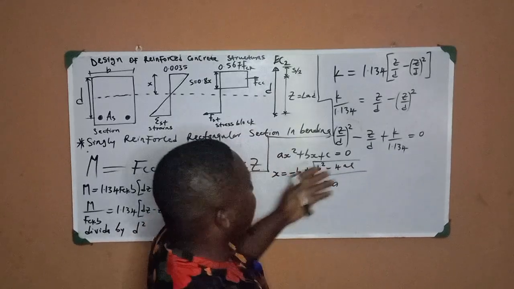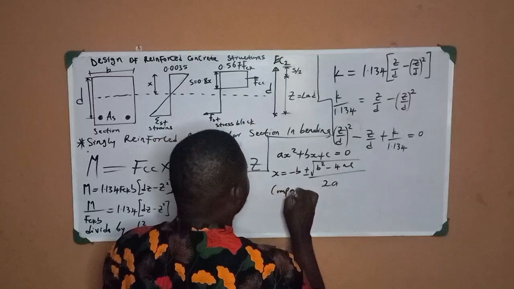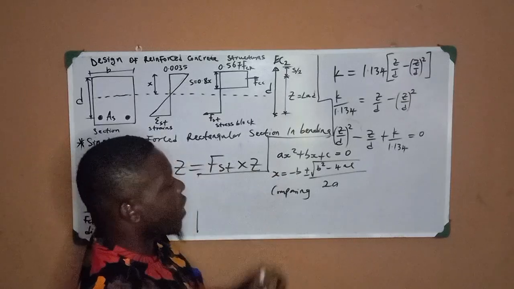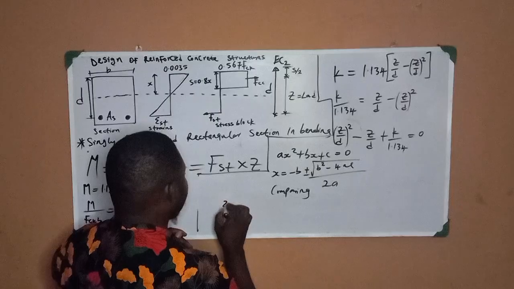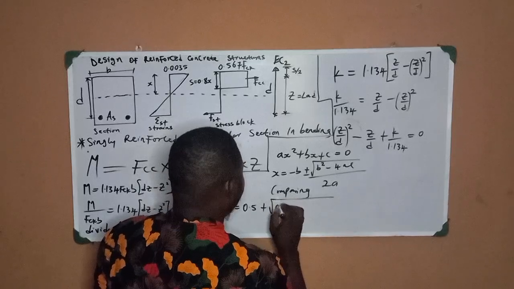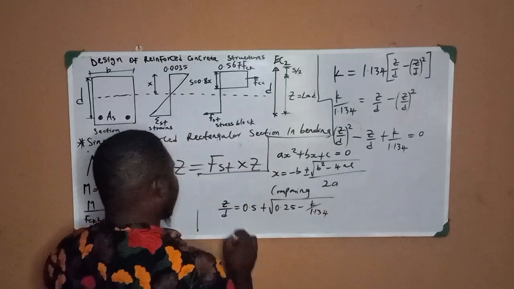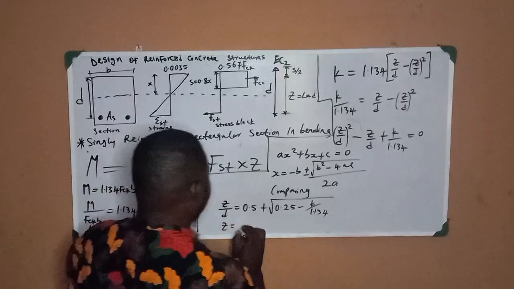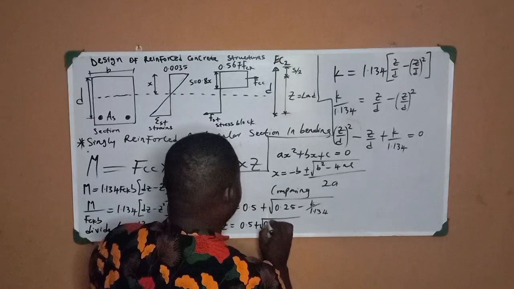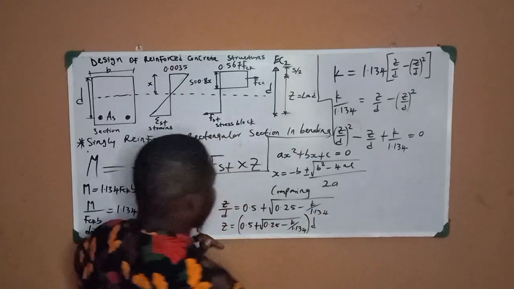So if I compare with this equation, making the coefficients look the same as in the general formula, I should have that my z over d is equal to 0.5 plus root 0.25 minus k over 1.134, such that my z becomes equal to 0.5 plus root 0.25 minus k over 1.134, bracket d, like this.